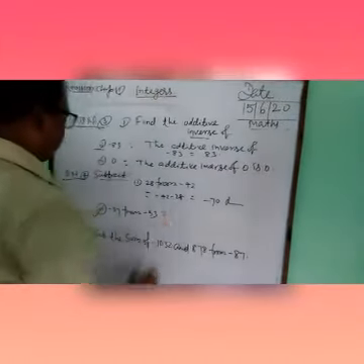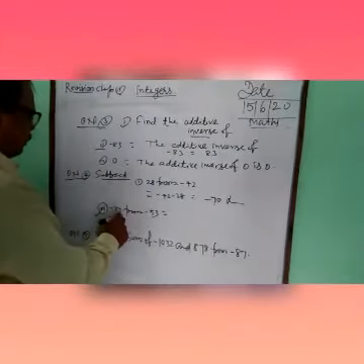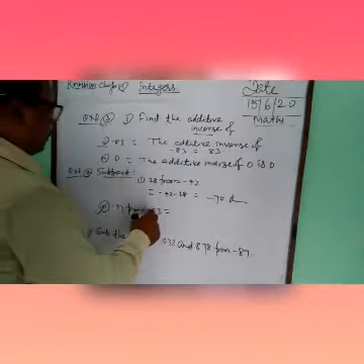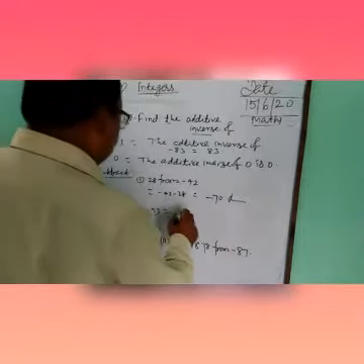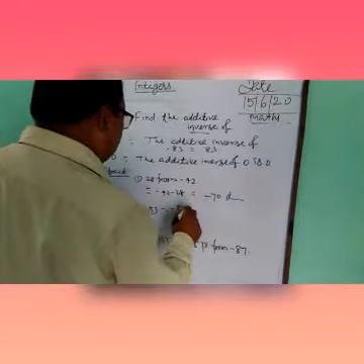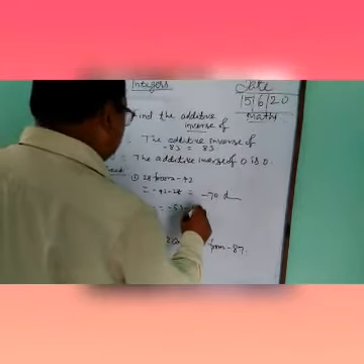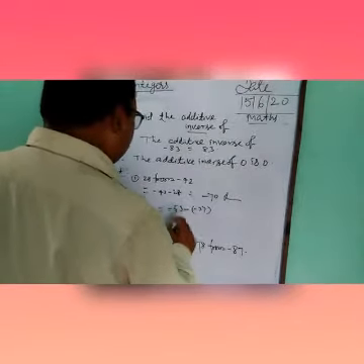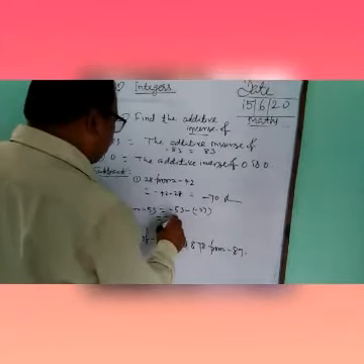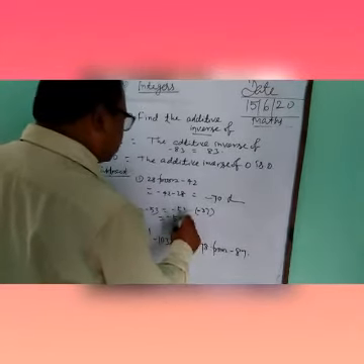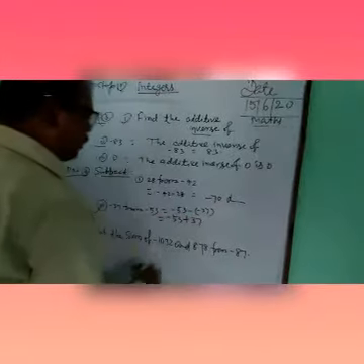Third type question: subtract -37 from -53. -53 minus (-37) is equal to -53 plus 37.